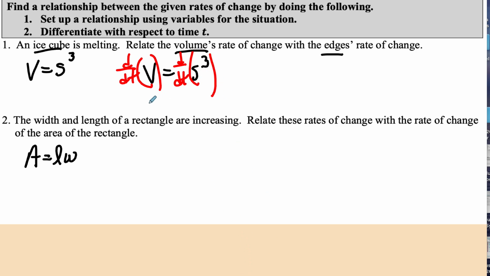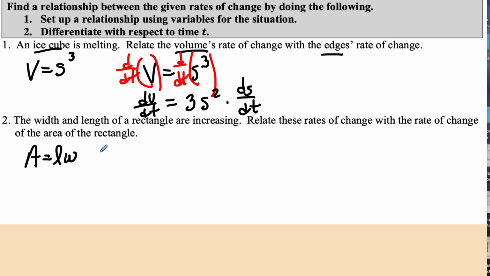So then this will be dV/dt, and remember we have to do the outer function. This is going to be a chain rule, so this is 3s squared, and then you got to take the derivative of the inside function, which is ds/dt. At this point, we have an equation that is relating the two rates of dV/dt and ds/dt.